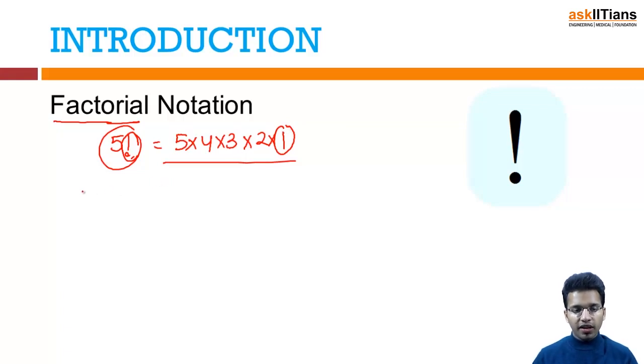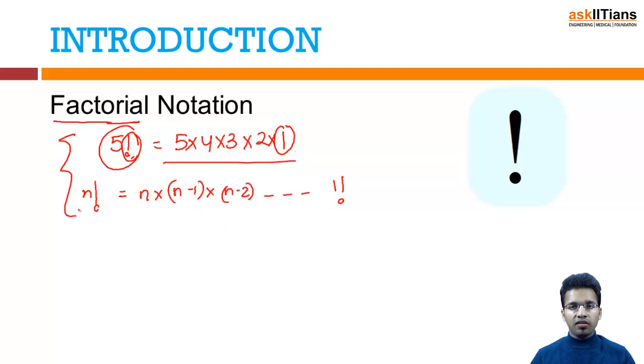For example, n factorial means n into n minus 1 into n minus 2 and so on till 1. This is very important, as it is a basic operation used in the binomial theorem. You need to be focused and careful with the factorial notation and make yourself comfortable with it.